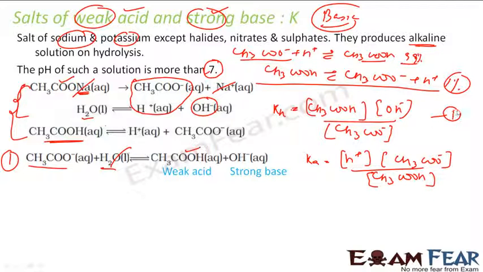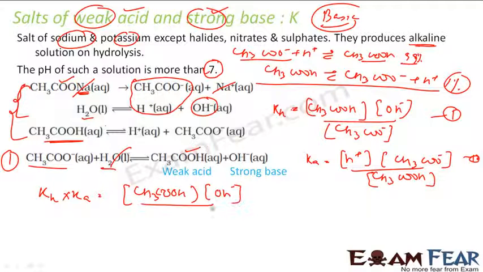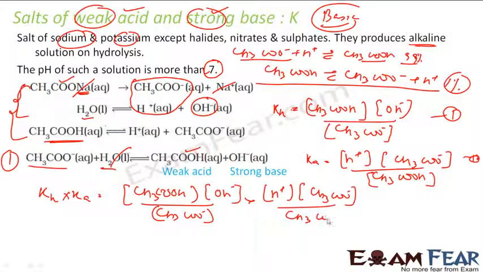Let's try to multiply these two equations, equation 1 and equation 2. You multiply K hydrolysis into K acid, and what you get is CH3COOH into OH minus by CH3COO minus, into H plus CH3COO minus by CH3COOH. This gets cancelled, this gets cancelled.